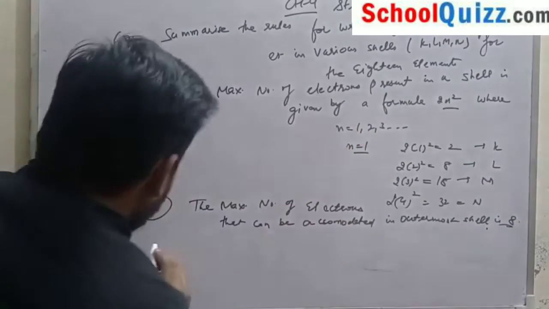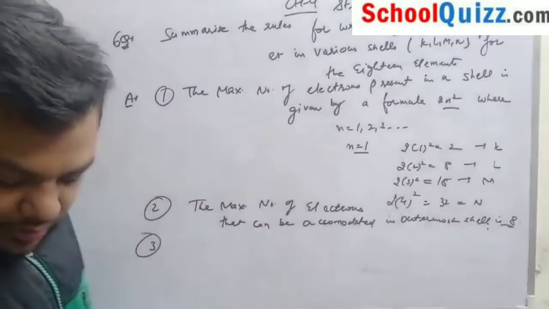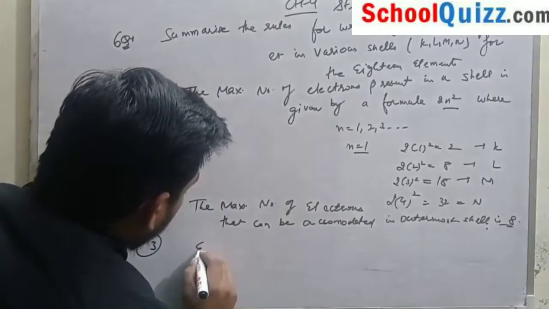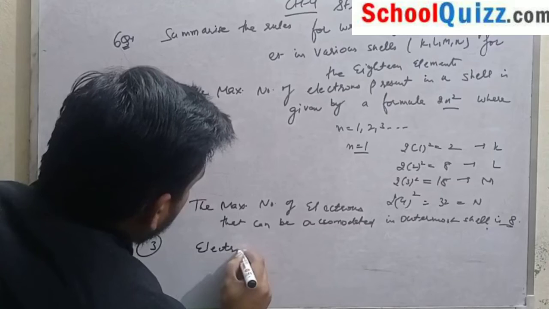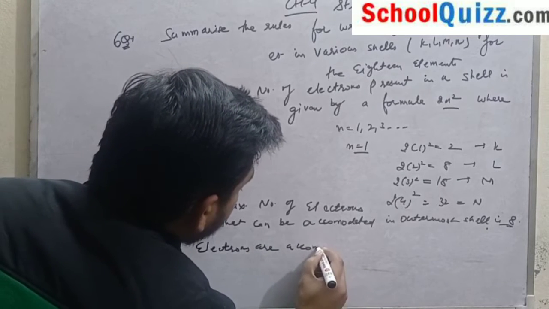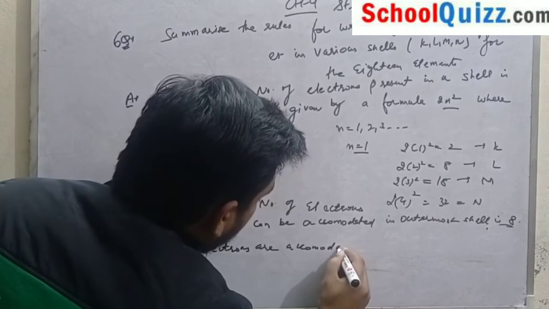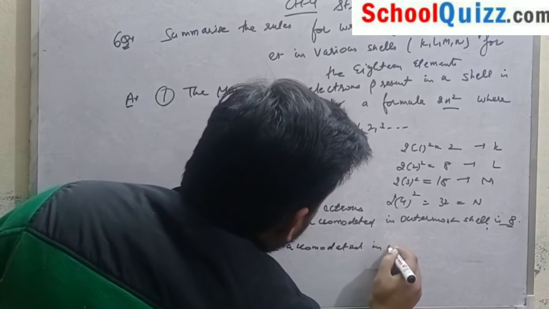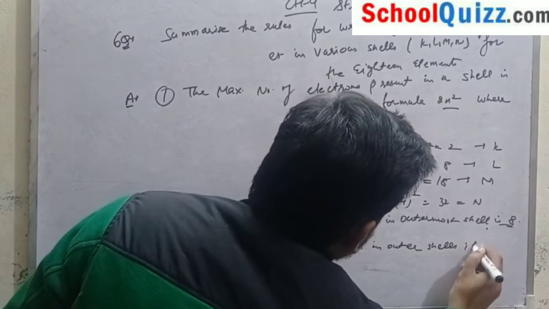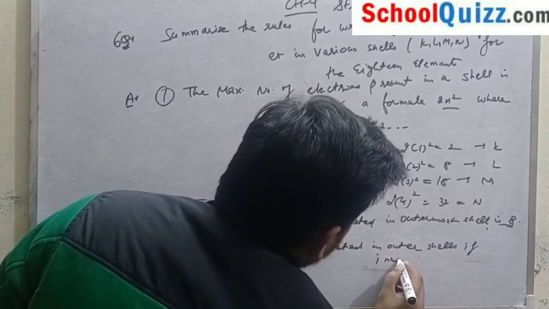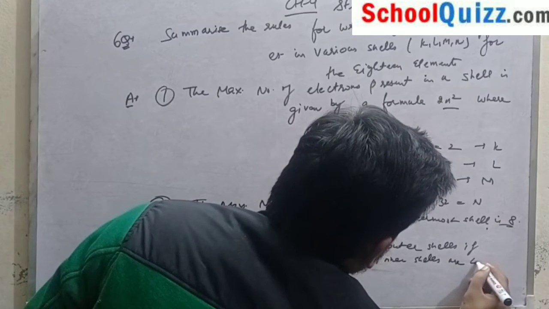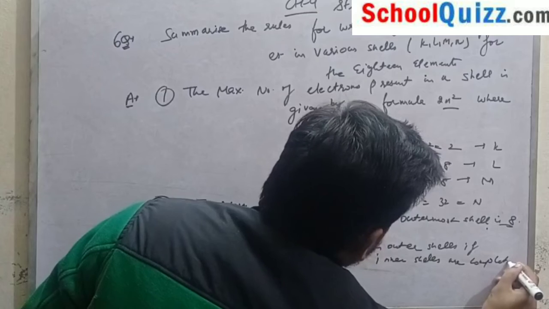Now the third point: electrons are accommodated in outer shells only if the inner shells are completely filled.